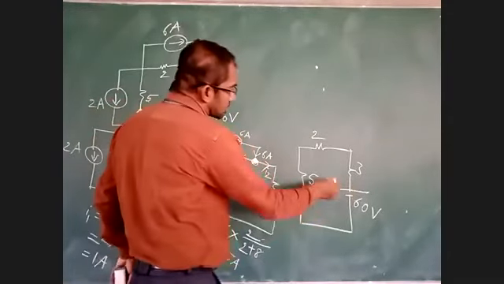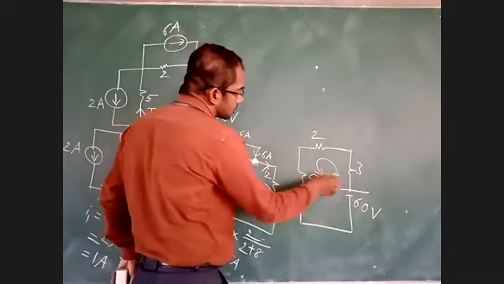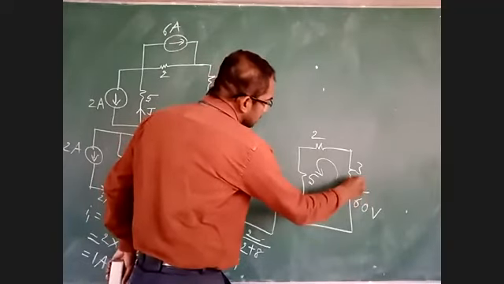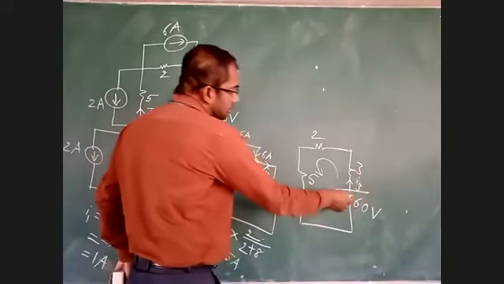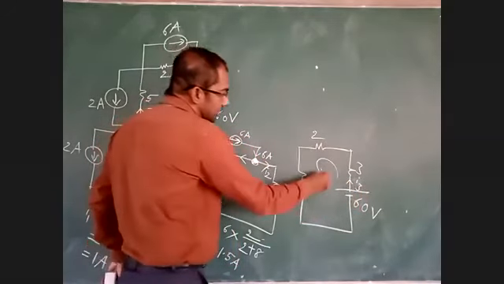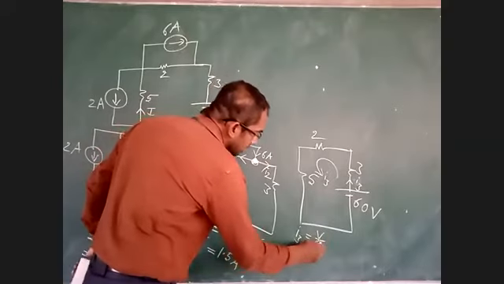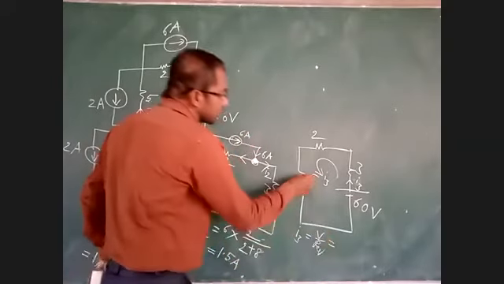From negative to positive, let us assume the current inflow. Let us take this as I3. From the battery, current is flowing like this, I3. Therefore, I3 is equal to V by R equivalent. All are in series: 5, 2 and 3.